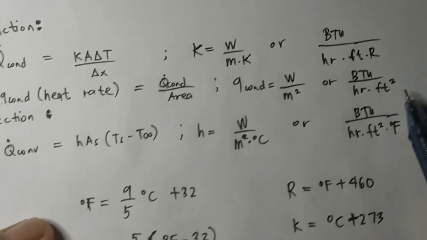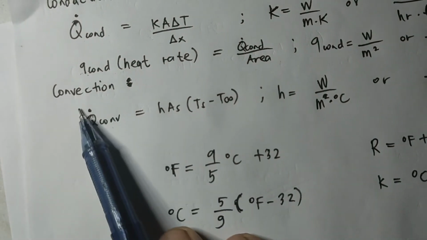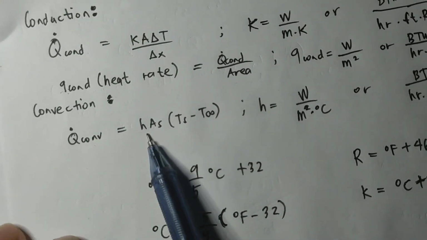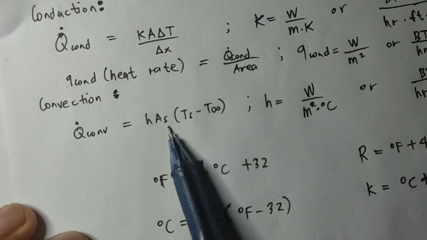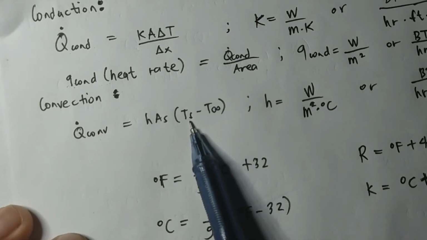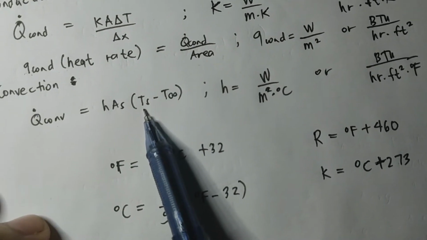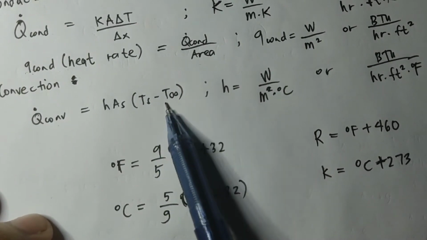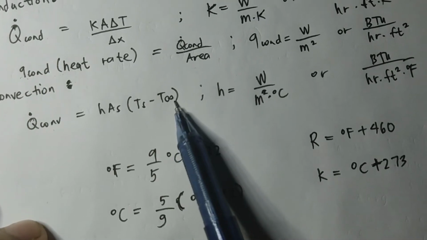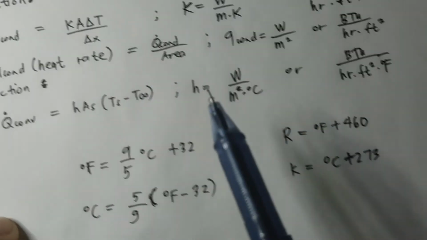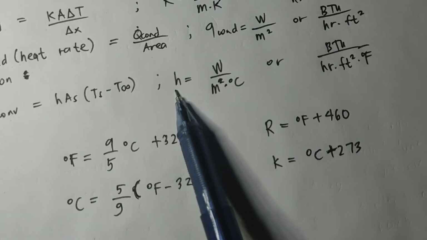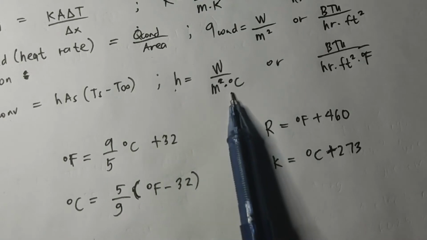For convection, we have Q naught convection is equal to h times A sub s times the quantity of T sub s, so yung surface, minus temperature ng surroundings. And ang h niya ay tinatawag nating convective heat transfer coefficient.